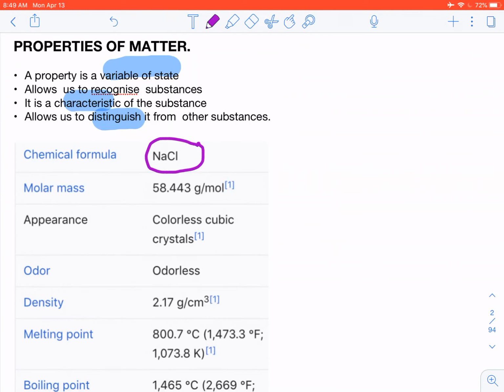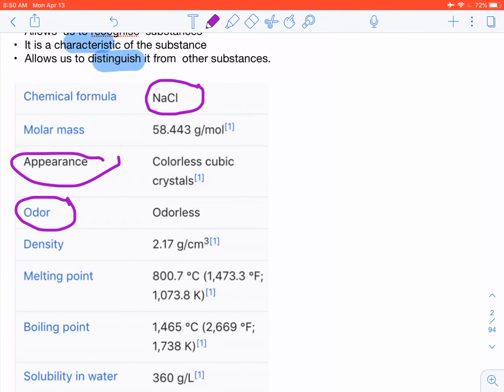It says appearance is a colorless cubic crystal. Odor is a property. It's odorless. Let's look at the density. The density is about 2.17 grams per cubic centimeter.